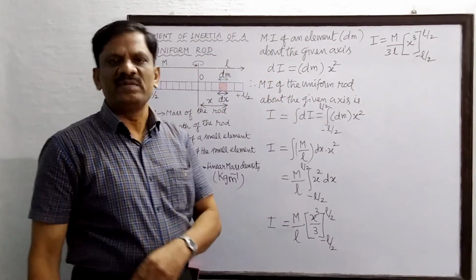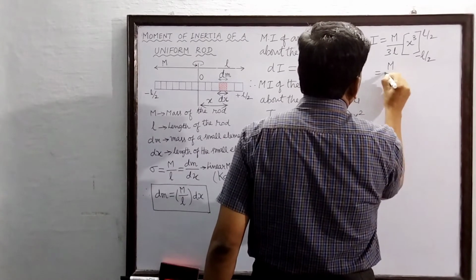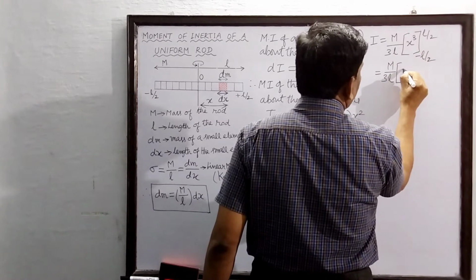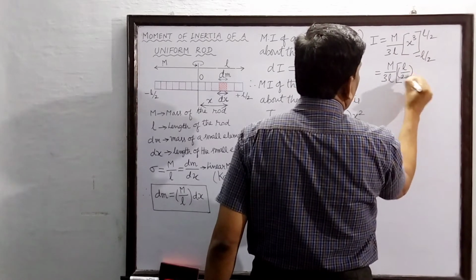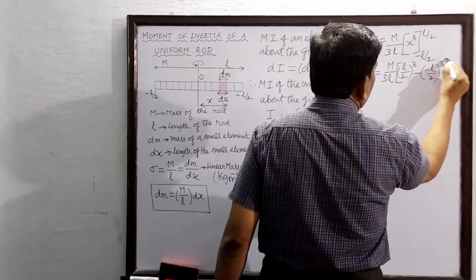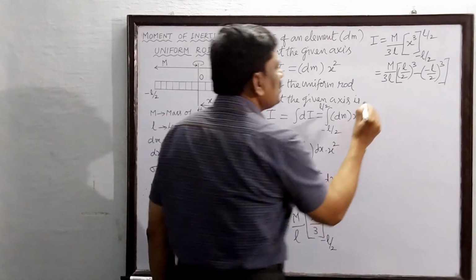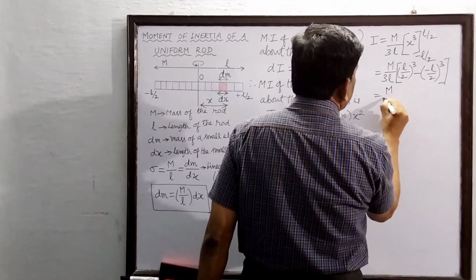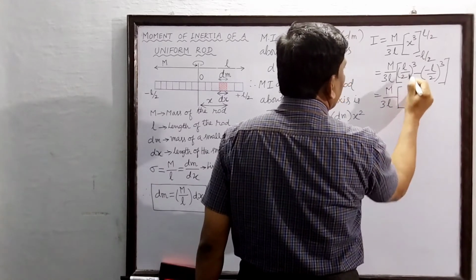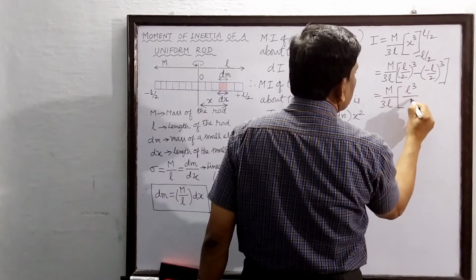So the upper limit has to be substituted first. So this becomes equal to M divided by 3L into x cube, which is L by 2 the whole cube, minus of minus L by 2 the whole cube. The lower limit is minus L by 2. So this becomes equal to M divided by 3L into L cube divided by 2 cube, which is 8.